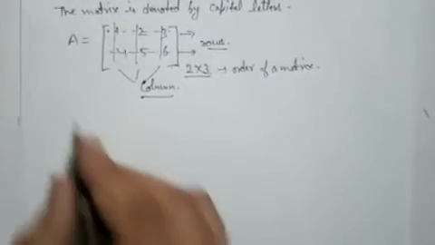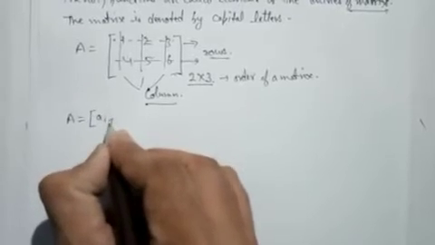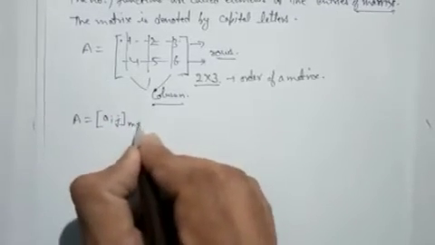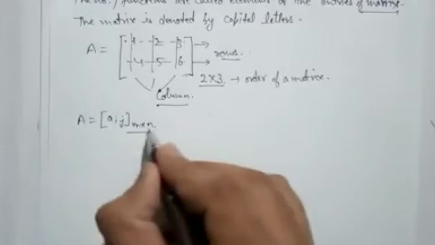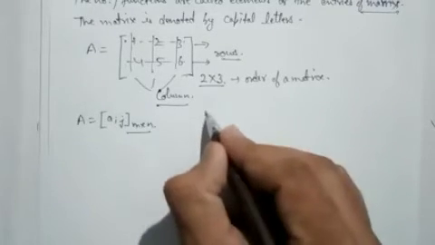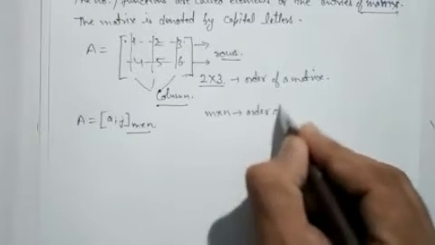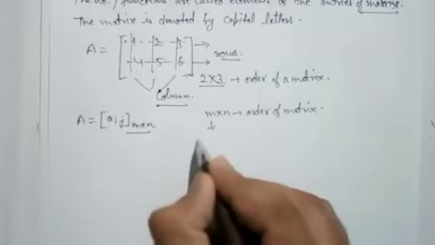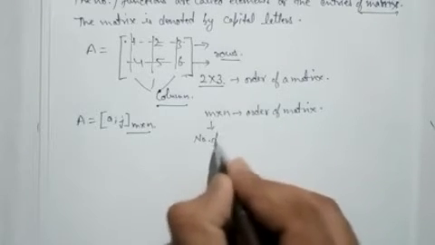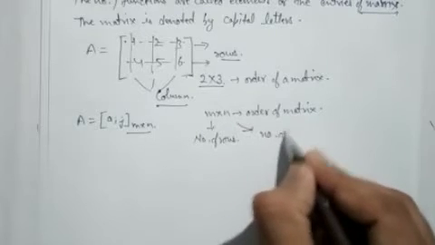A matrix is denoted by Aij, m cross n, which means the order of the matrix is m cross n, in which m represents the number of rows and n represents the number of columns.